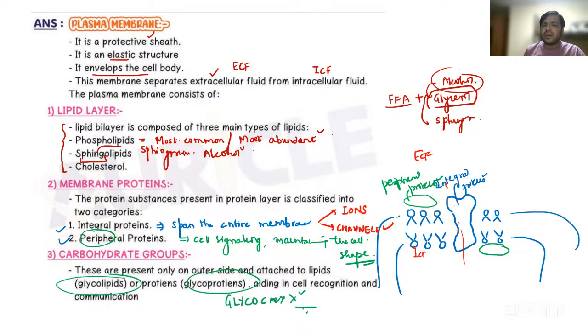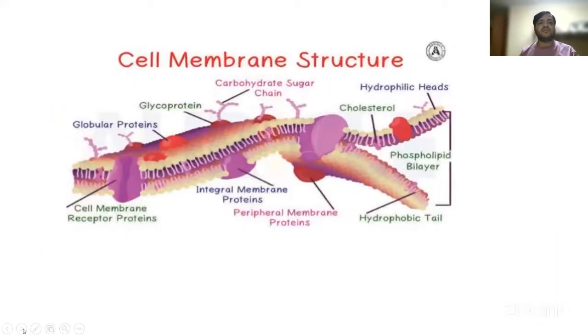Now, the carbohydrates help in cell recognition and cell signaling. They also help in protection because they form a protective layer. For example, on the membrane over here, we have the glycoprotein. The carbohydrate sugar chains are present on the outer membrane, giving protection. They help in signaling and act as signal molecules. So that is what you have to remember.